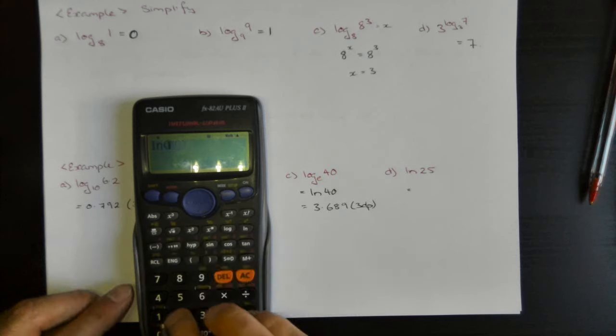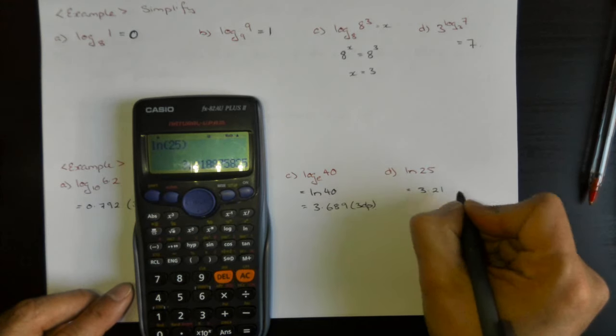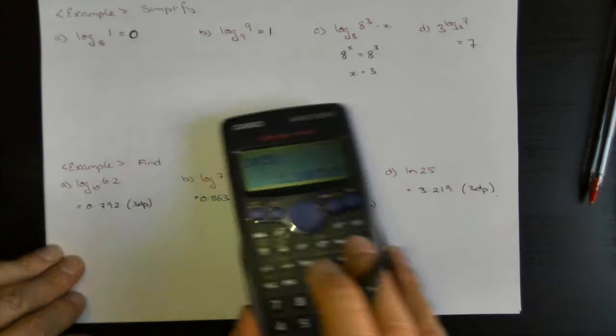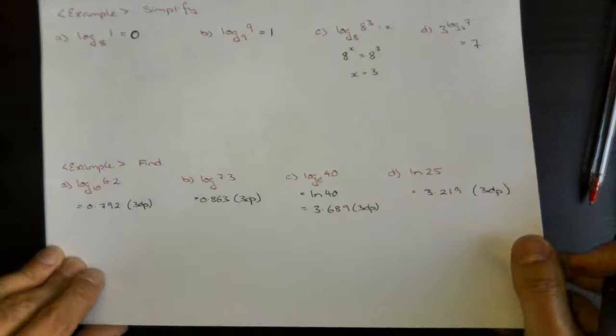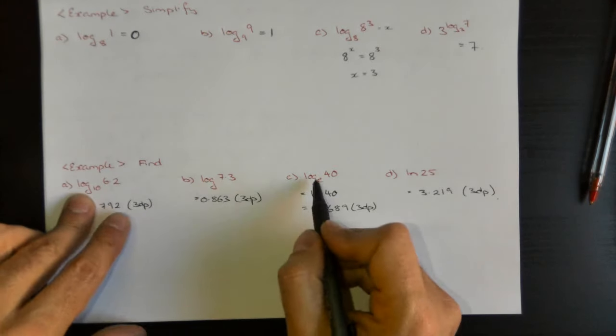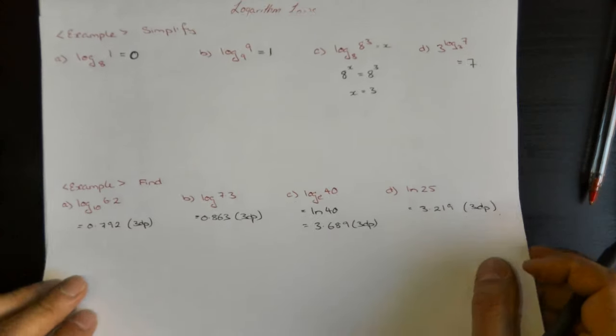So ln 25 is equal to 3.219. Okay, so log 10, or when you just see log, that's log base 10, and log e, or ln, equals natural log. Okay, thank you.